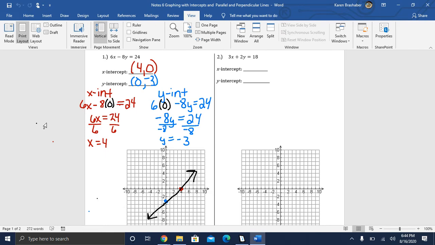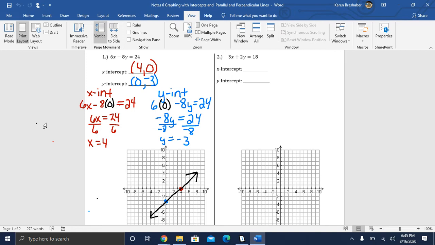And if you're doing this online, you can hopefully use a line tool. If you're doing it on paper, hopefully you have a straight edge that you can use. So there's your first example, and you have the x and y-intercept found and graphed.